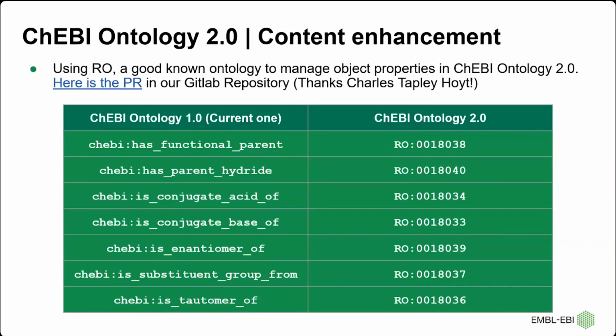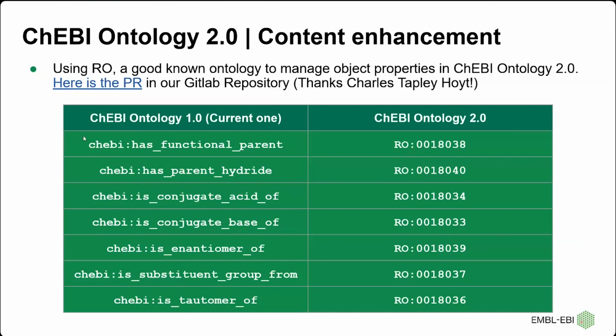Charles Tapley, I think he's here in the meeting, was helping us with that functionality as well. So yeah, thanks Charles and the other people in the OBO community, like Chris Mungall as well.